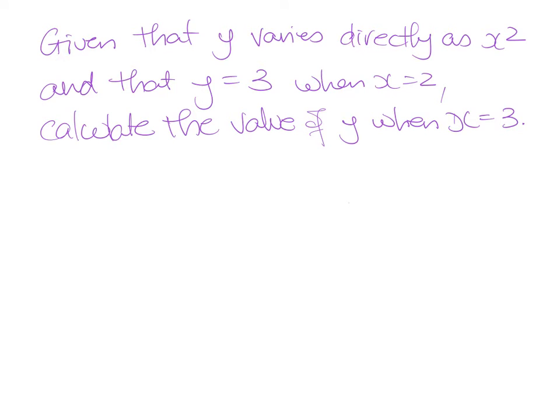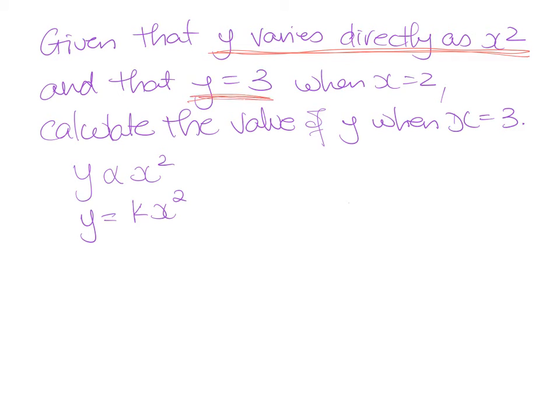Okay, so let's see what it's telling us. It's telling us that y varies directly as x squared this time. So let's turn that into mathematical terms. If y varies directly as x squared, that means y is equal to some number by x squared. Let's see what other information they've given us.